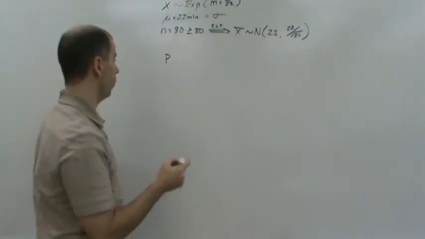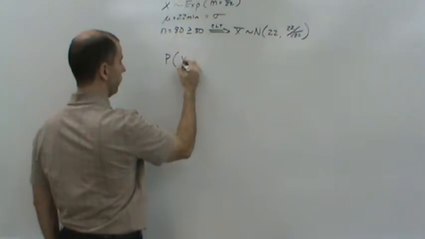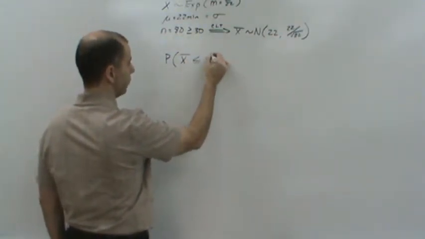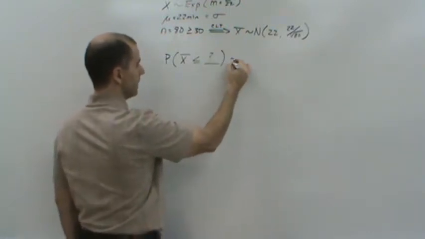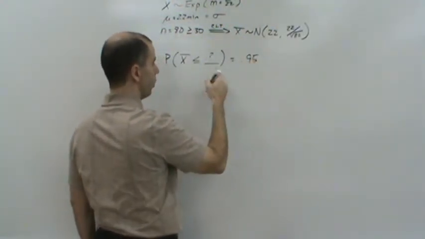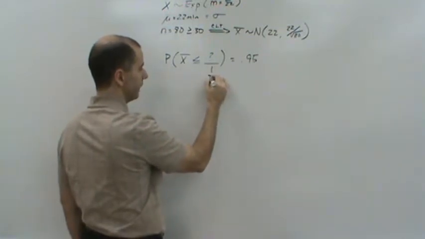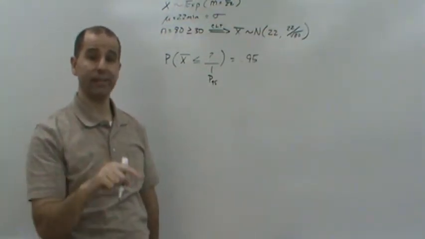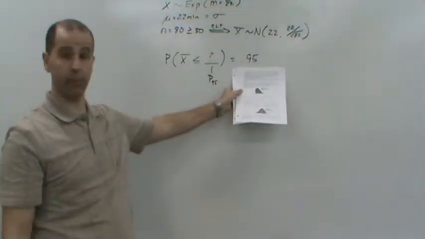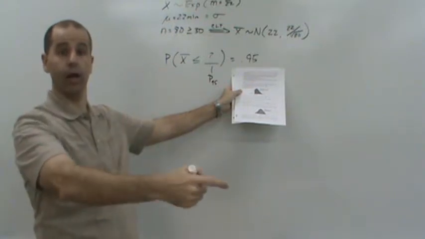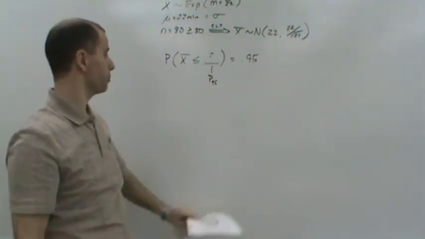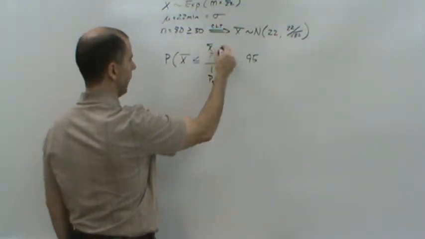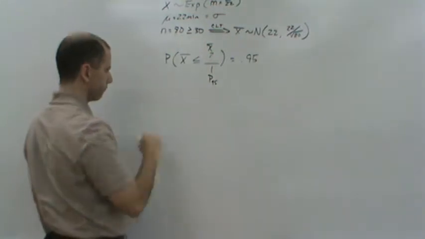Okay, so we know that the probability that x bar is less than or equal to some value, right? We're looking for the value, is equal to 0.95 because we know that this value is the 95th percentile. Okay, so the fact that we know it's the 95th percentile gives us the probability, right? Because it's the percentage or area to the left, right? So again, we're looking for an x bar value, okay?